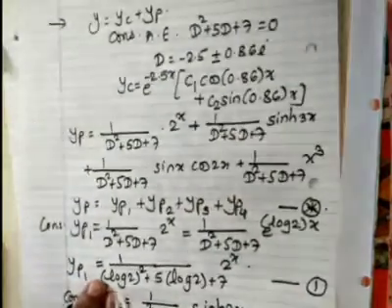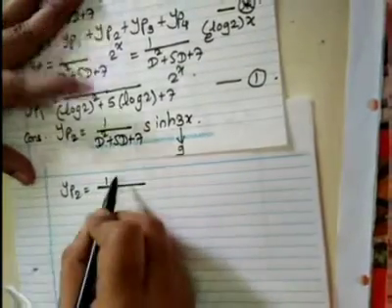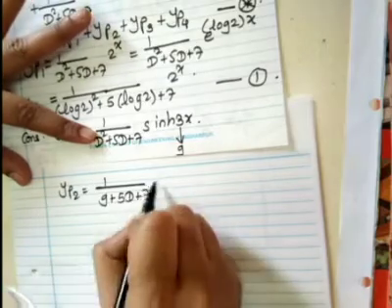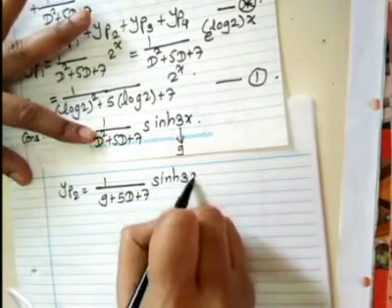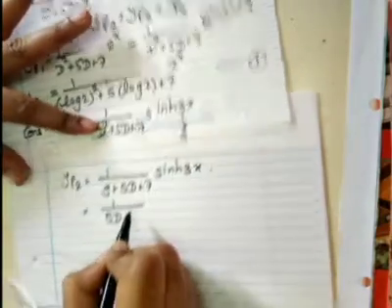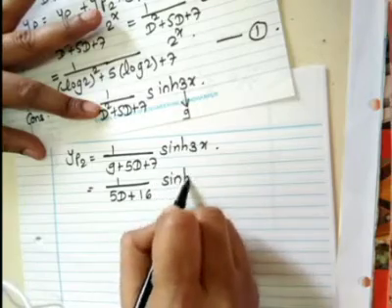So D square in the denominator we should replace by 9. So yp2 is 1 upon 9 plus 5D plus 7 into sine hyperbolic 3x. That is 5D plus, how much is it, 9 and 7, 16, into sine hyperbolic 3x.